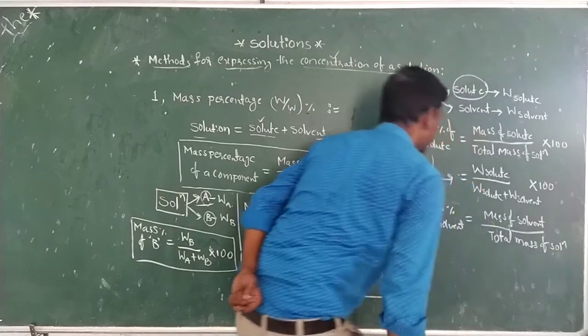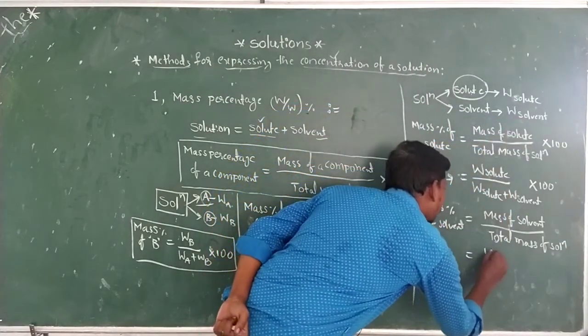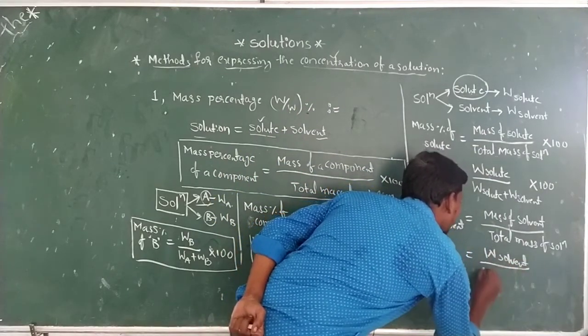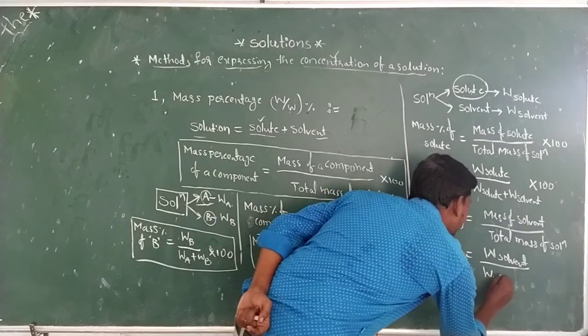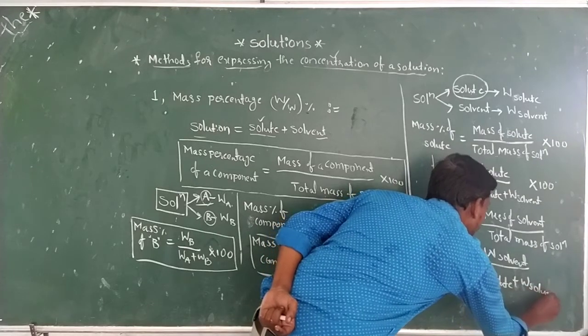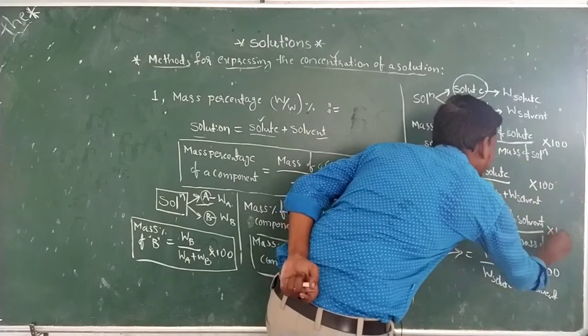It can also be written as W solvent by W solute plus W solvent into 100. Here also into 100.